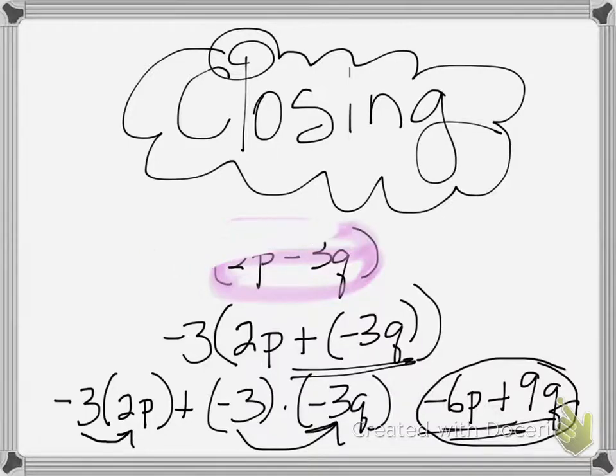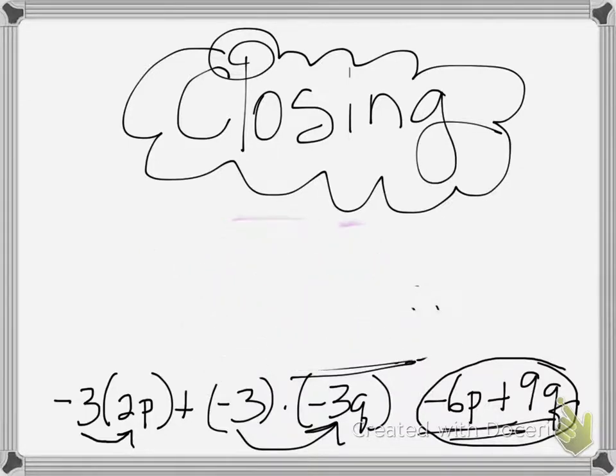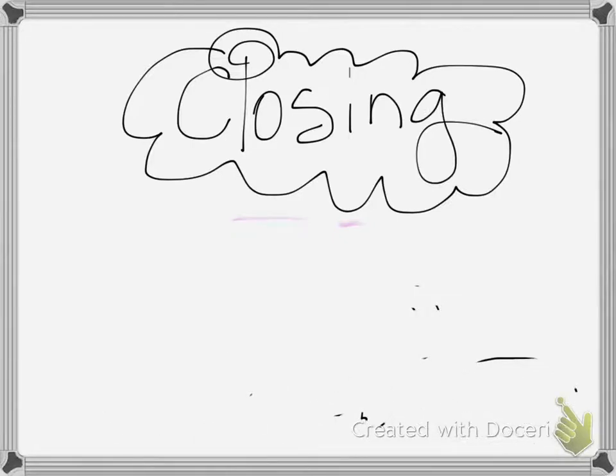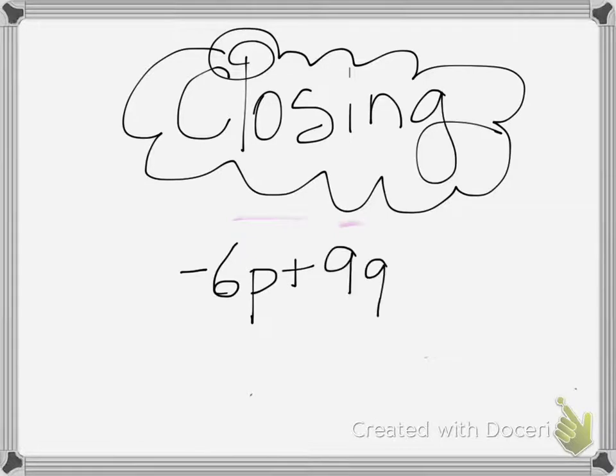But then, if we wanted to take that right here, let's put that up here. We can start with that negative 6p plus 9q. Now, if we wanted to go ahead and factor this, it's going to be just the opposite of what we just did.